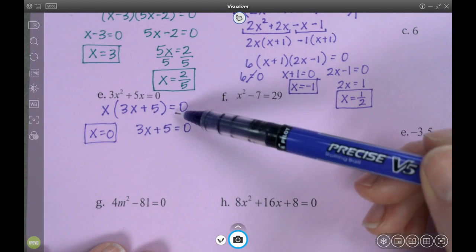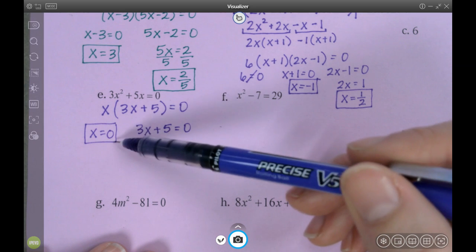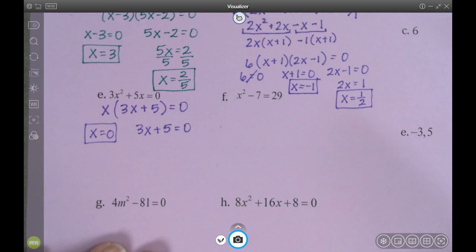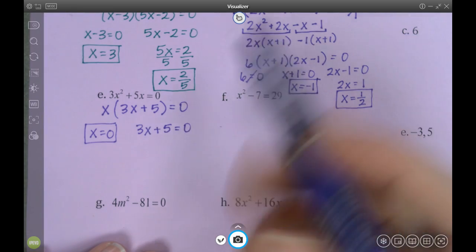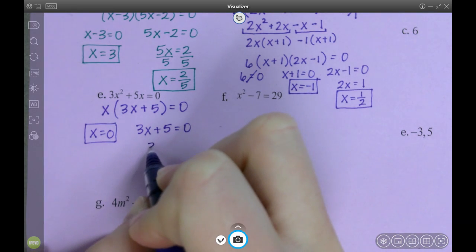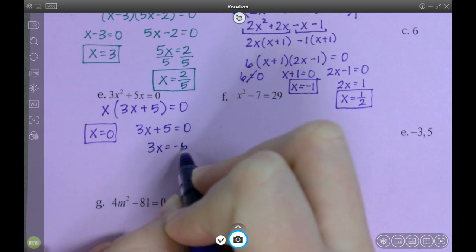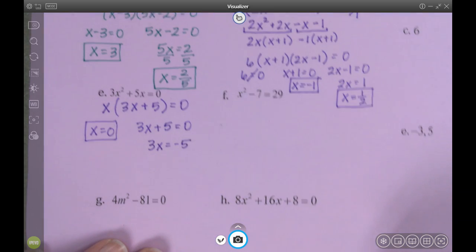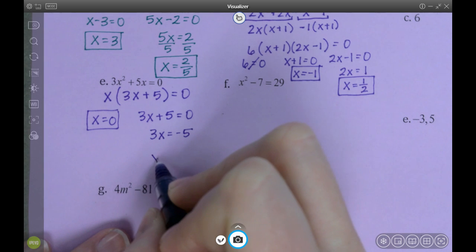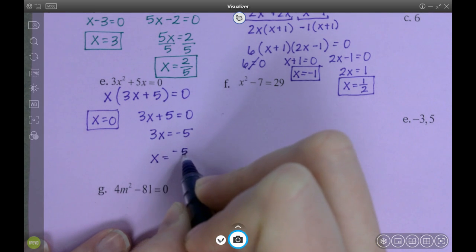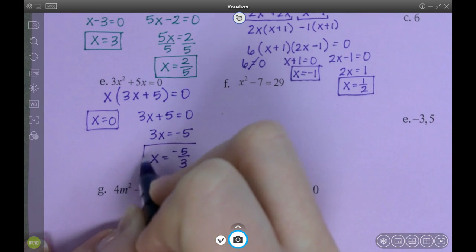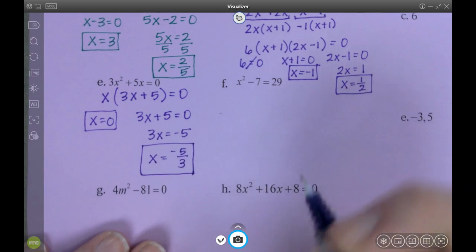So you set each factor equal to 0. This one's just already solved. Yeah, don't do that. Because x can equal 0. Here you would subtract 5 to get 3x equals negative 5. Then divide by 3 to get x equals negative 5/3. Yeah, it's a fraction.